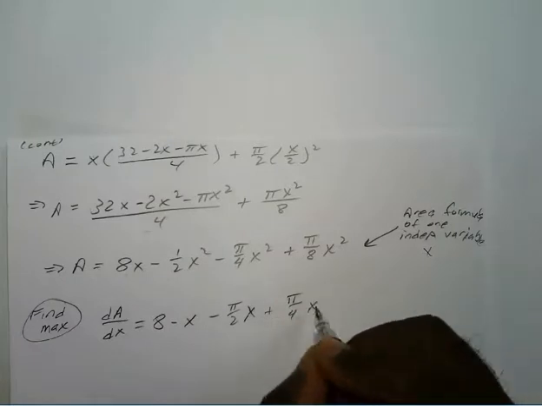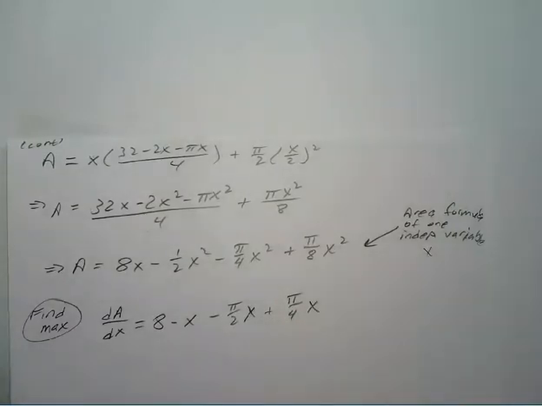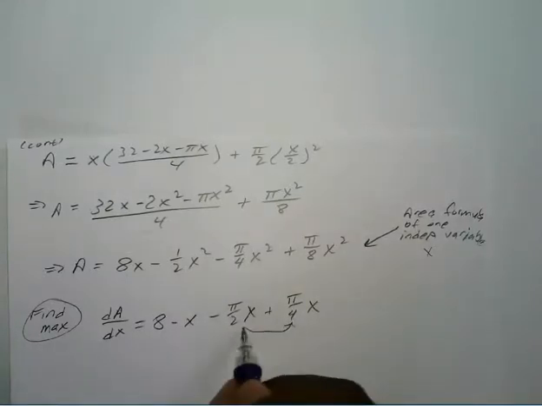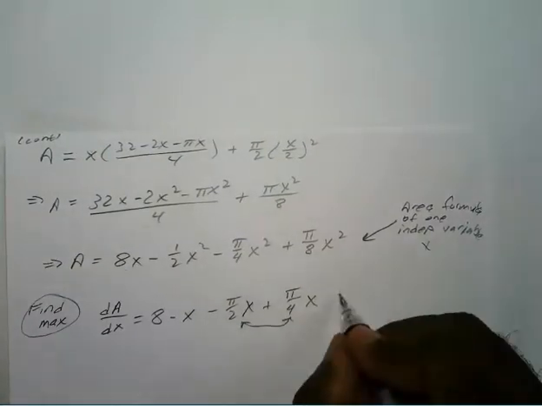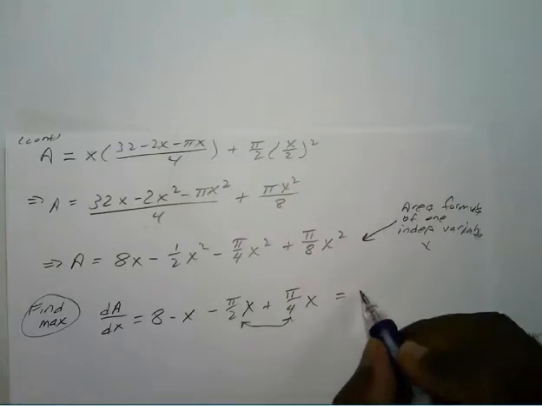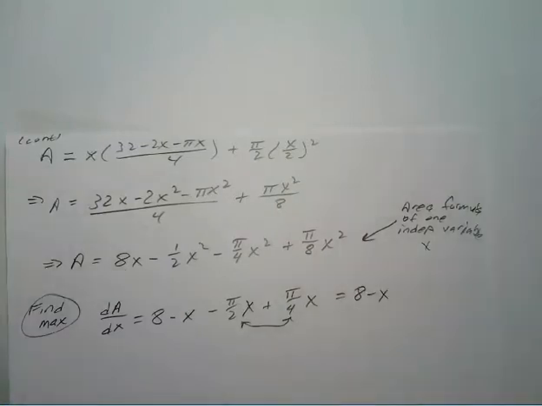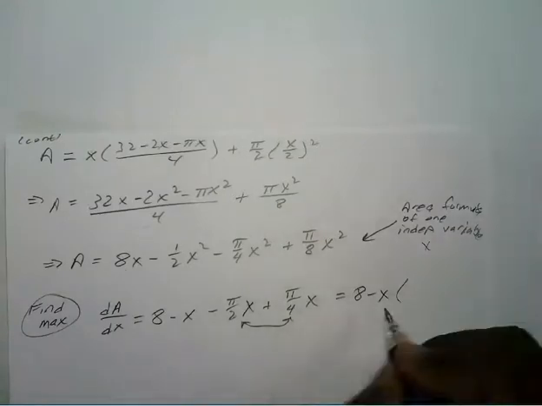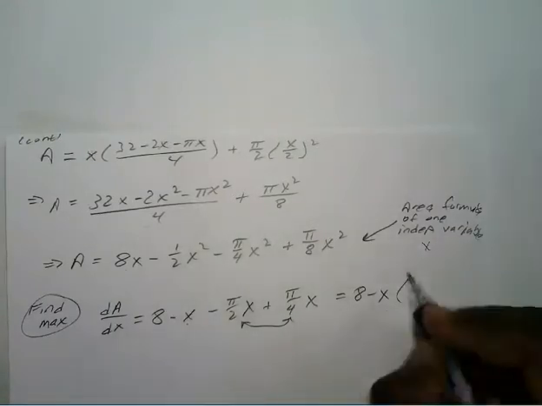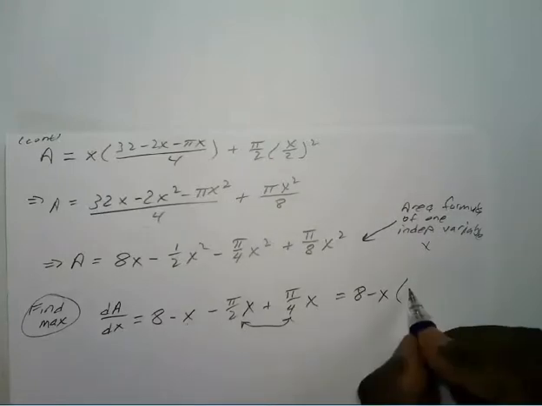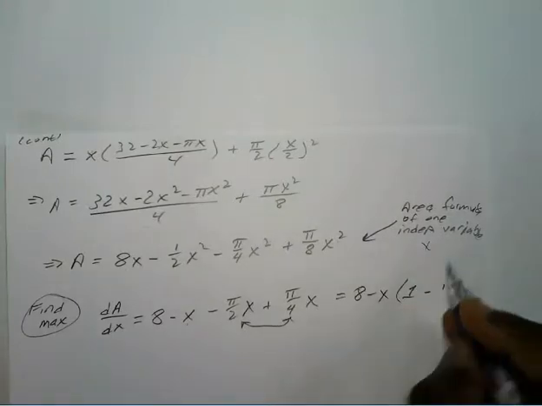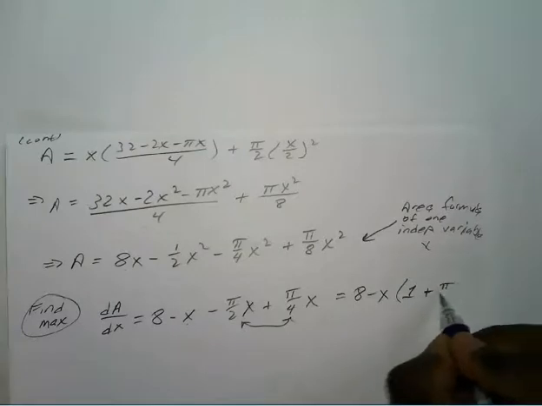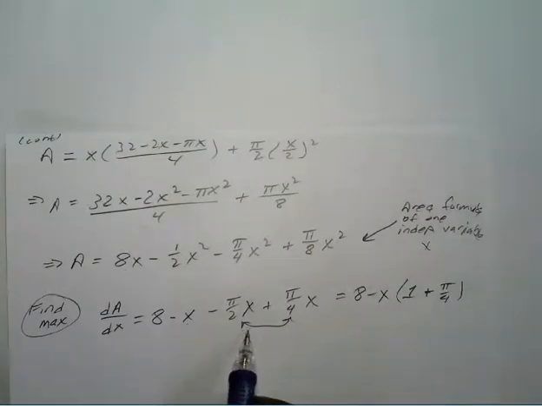Okay. And actually, we can go ahead and combine those two. So we can make that equal 8 minus x. And those two will simplify to give you, and we'll actually factor that out, 1 plus pi over 4.